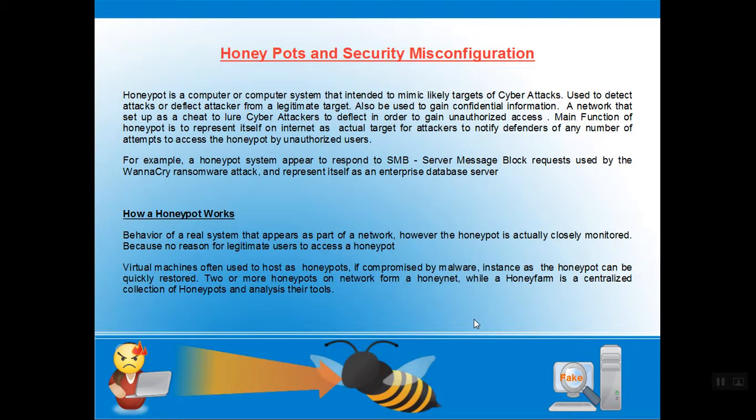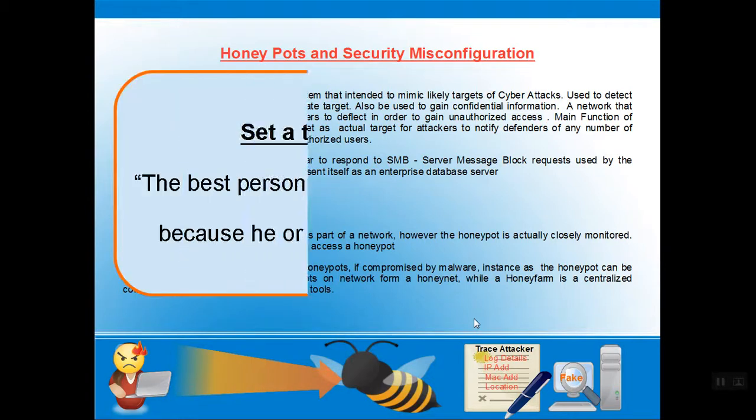But after that, we get the details of the attacker. We simply trace a log of the attacker, his IP addresses, MAC addresses, and locations. So the honeypot works here as a mimic to lure a victim. For him, he's accessing our server, but in actual fact he's just accessing our fake website. This is the concept of how the honeypot works.